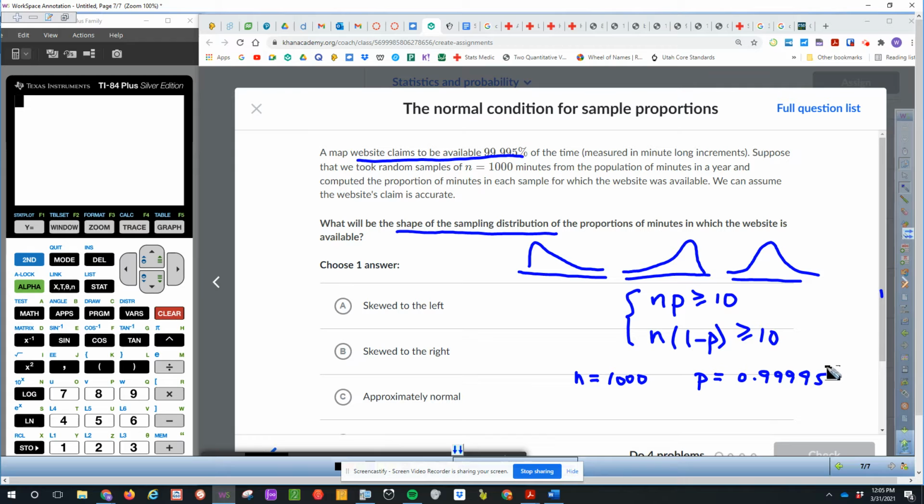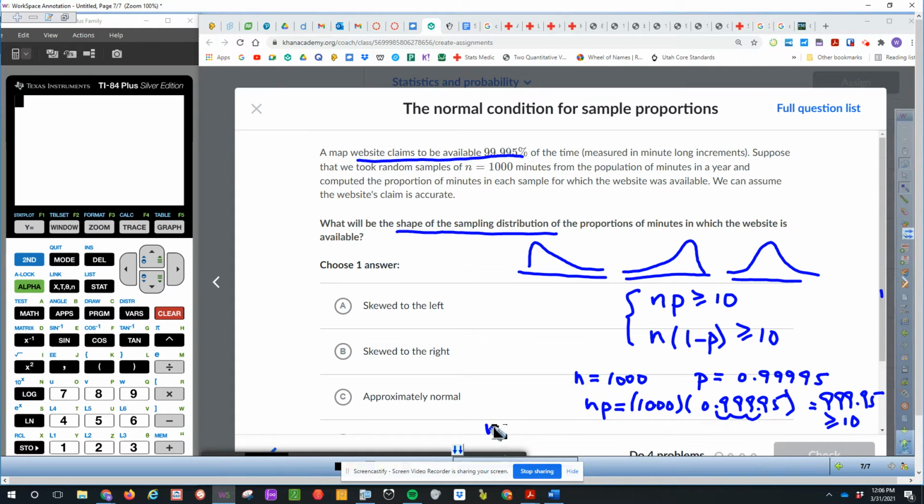Now take n times p, which is 1,000 times 0.99995. All you have to do is move the decimal 3 places to the right, because there are 3 zeros, and the answer is 999.95, which is indeed greater than 10.